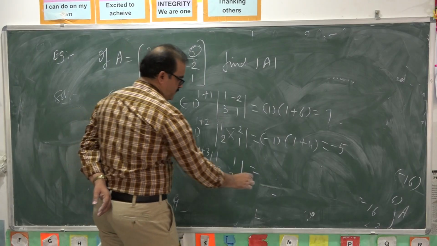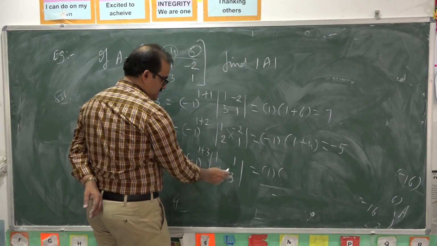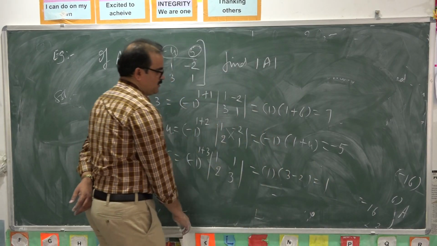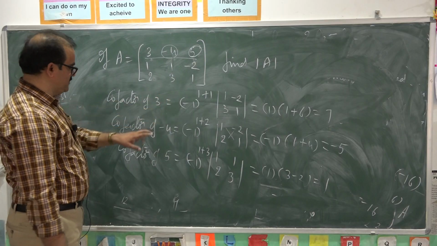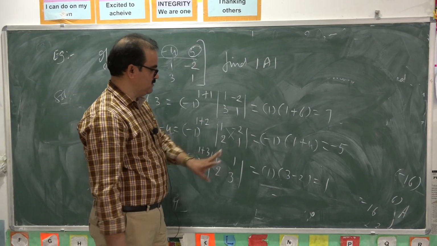Minus 1 to the power of 4 plus 1 into determinant of this matrix, 3 minus 2. This is 1. So cofactor of 3 is 7, cofactor of minus 4 is minus 5, cofactor of 5 is 1.